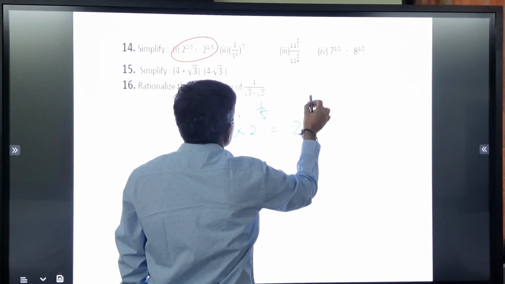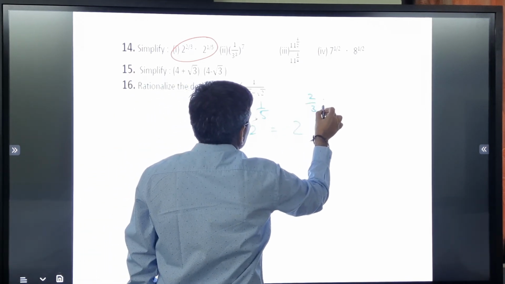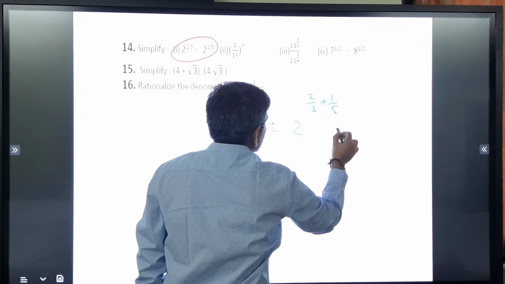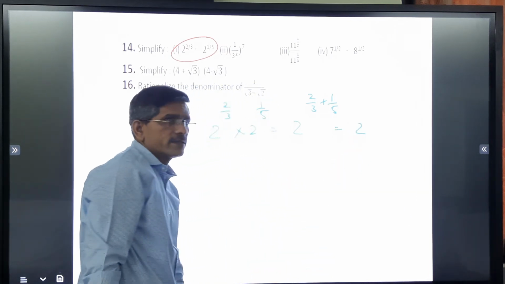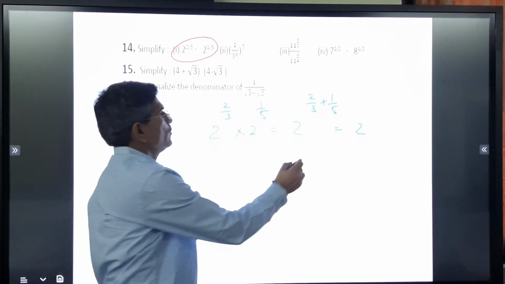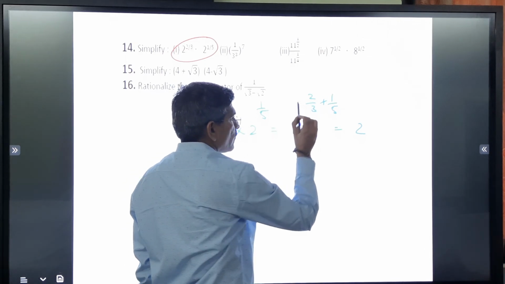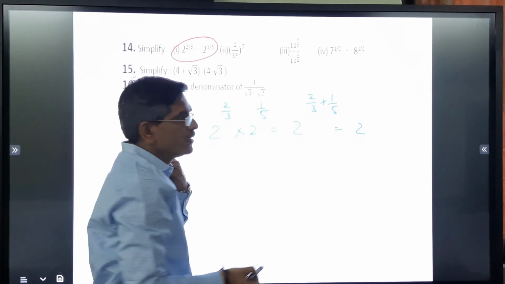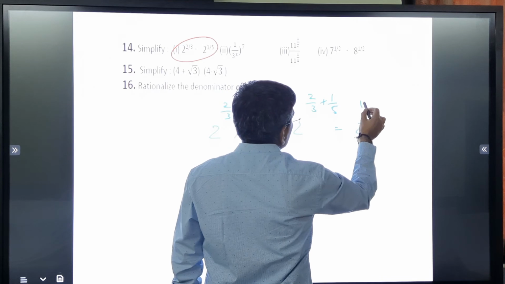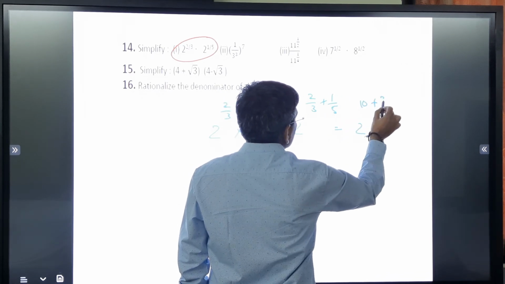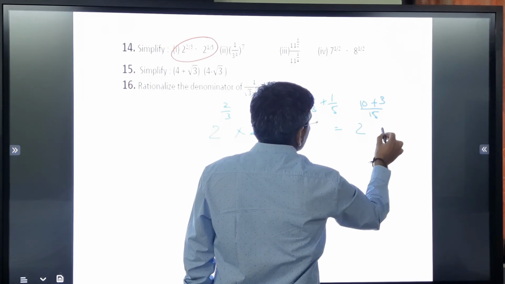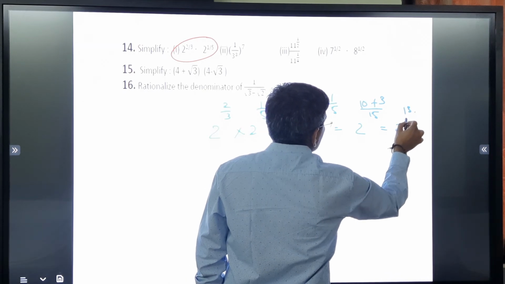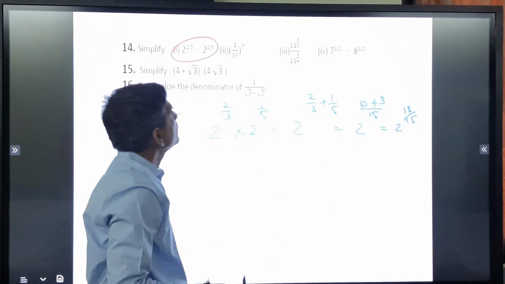So in multiplication we have to do the addition of power. But we have to first rationalize the denominator, or we can say we have to take LCM, because 3 and 5 is there. So LCM is 15. So I have to multiply 5 to the 10, 3 1s are 3 upon 15. So to the power 13 upon 15.